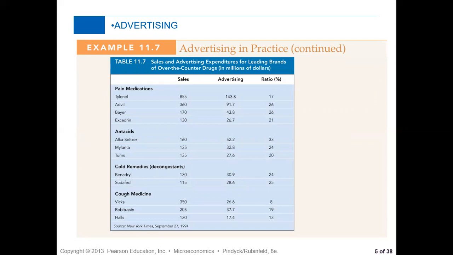So you will find the ratio of the advertisement, the sales and advertisement expenditure for the leading brands over the counter. The meaning of over the counter is that it is not prescribed by the doctor. So I can go to the pharmacist and ask for Tylenol simply, and it is effective to have it anywhere. So it is not by the doctor advising.